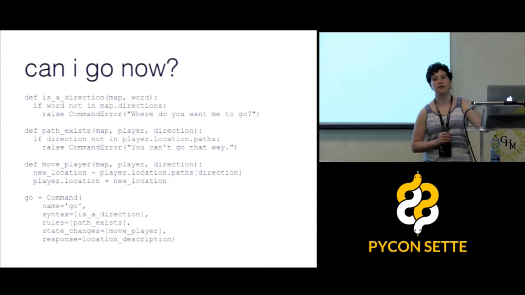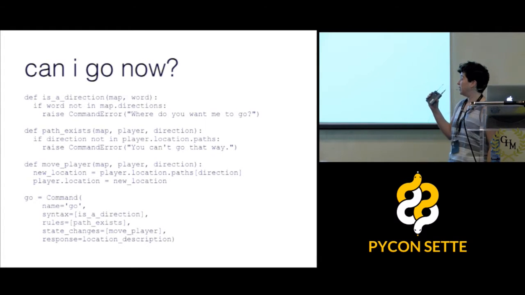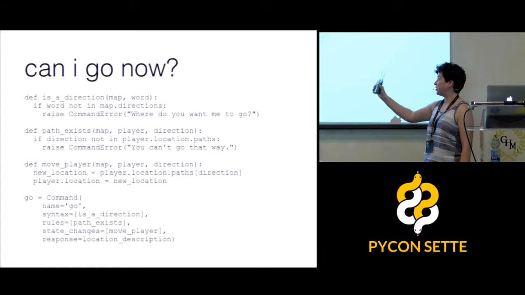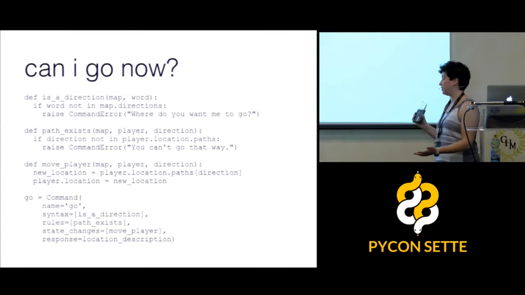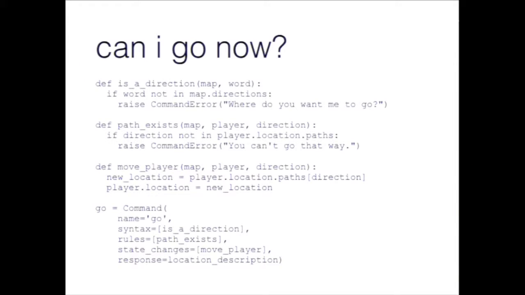For example, if I were to write go in my new system, it would look something like this. I would demand that it take a direction and not any other kind of word. I would have it check to make sure that a path exists. If nothing goes wrong, I should have it move the player, and then finally return the description of where the player is. So this is a bit wordy.